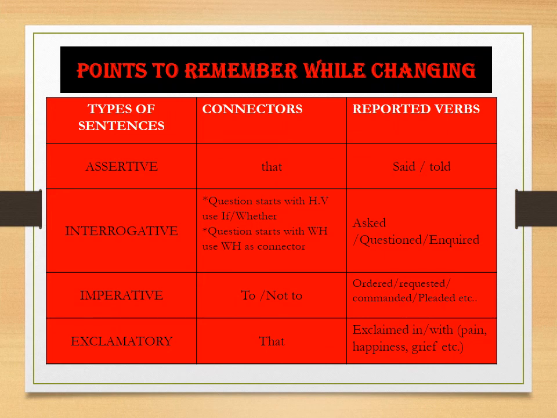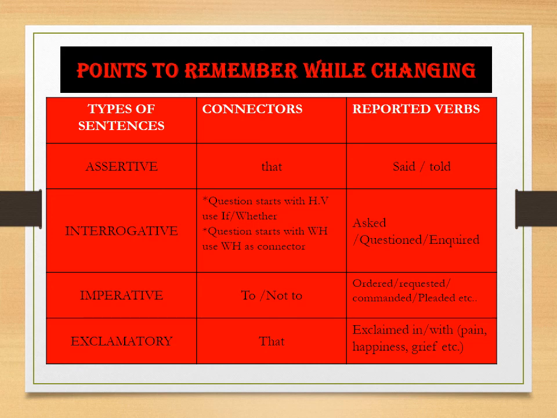We have to remember the points while changing. Now, this is very important as per the type of sentence. Students, if you get a sentence in your examination, you need to first identify which type of sentence it is. Is it an assertive sentence? Because students always make the mistake. They have a habit, from direct speech to indirect speech, of using the connector that everywhere.